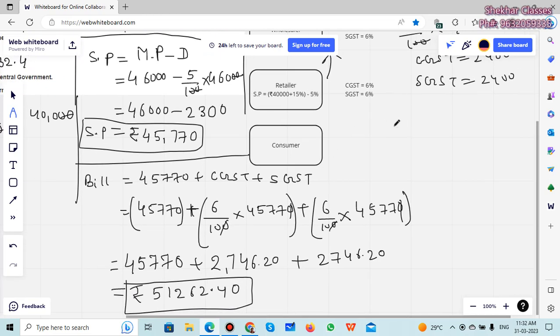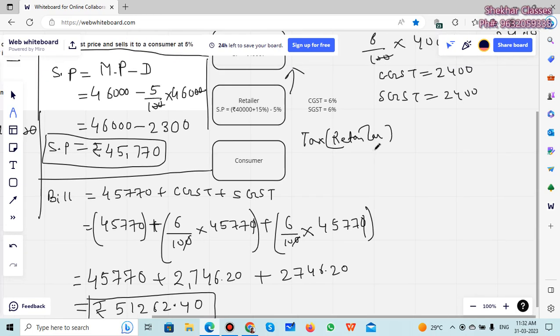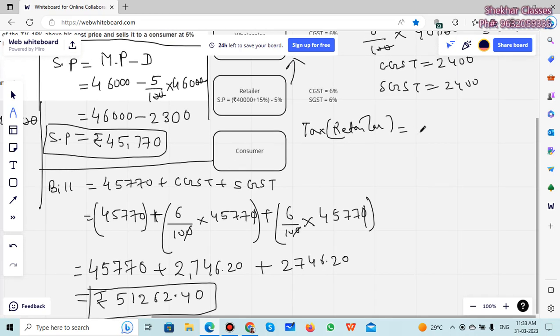How much has he collected? So what is the input tax? The tax paid by the retailer, CGST and SGST both, we can find out. That will be how much? Output tax minus input tax. Output is 2746.20. In the exam you have to write the formula also.